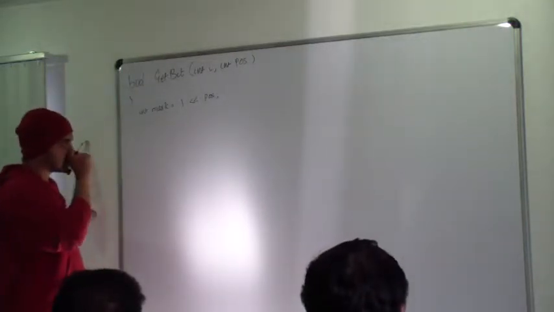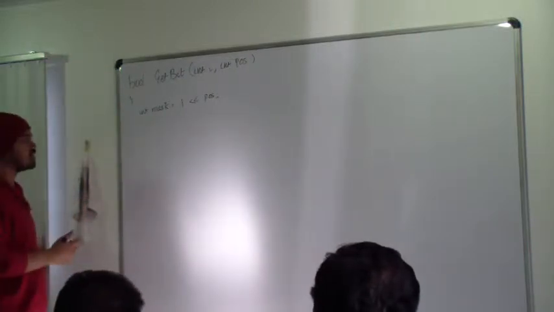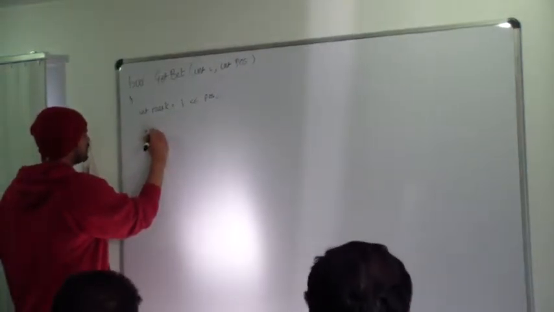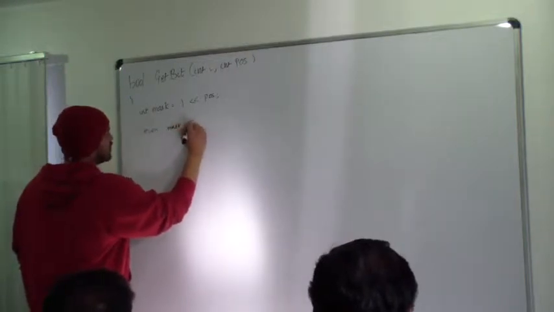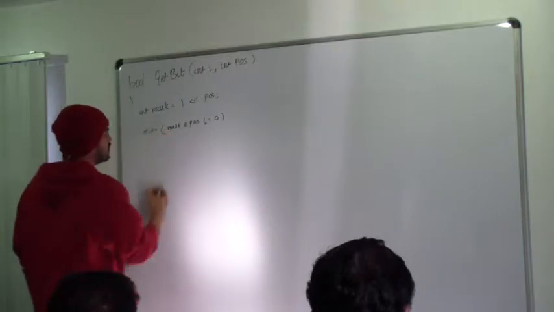So one easy trick is to left shift by 1 when you are multiplying by 2, and when you are dividing by 2, you right shift by 1. So here you say return mask and position not equal to 0.